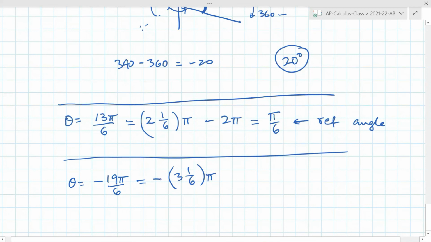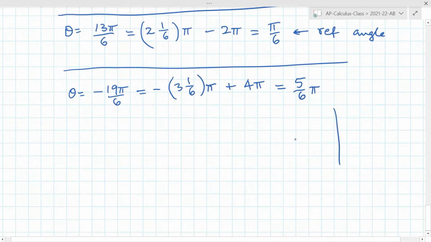This time it is negative, so I can add 2 pi, and it will still be negative. I can add 4 pi, then it will be positive. So I can add 4 pi, which is adding 2 pi two times. So what is that? 4 minus 3 and 1/6 is 5/6, so 5/6 of a pi.